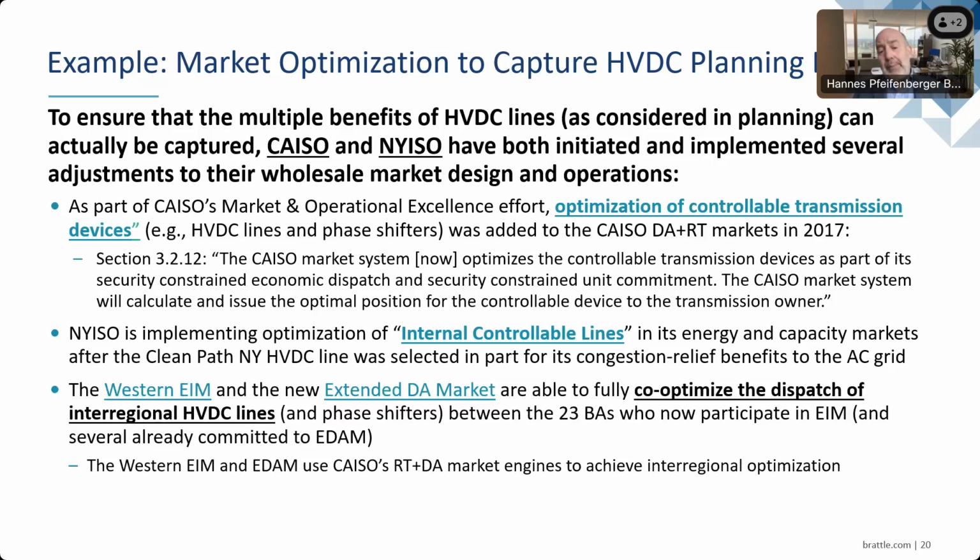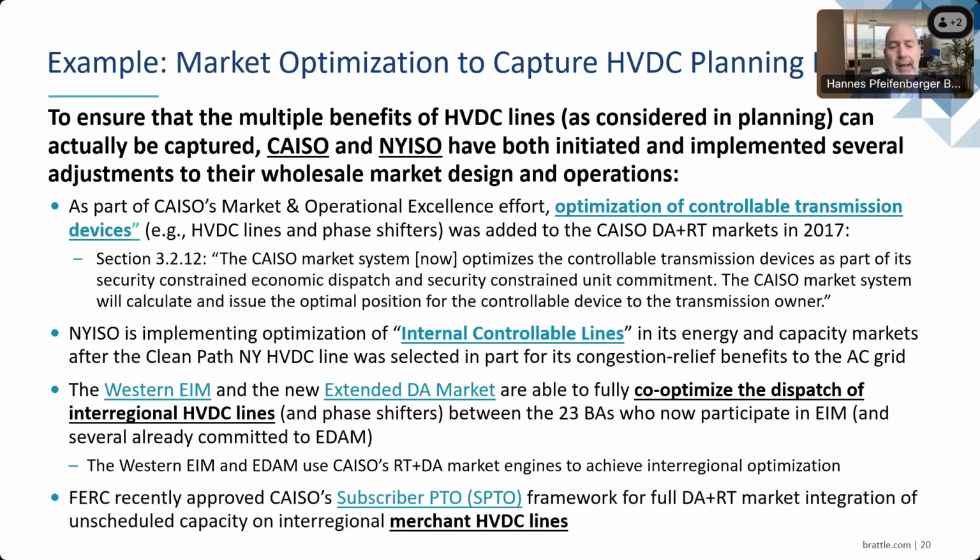And what I want to point out is that in the West, we also have the Western Energy Imbalance Market and the soon to be implemented extended day-ahead market, or the EDA market. These markets will be able to fully co-optimize the dispatch of interregional HVDC lines because they're using the CAISO's market engine to do so.